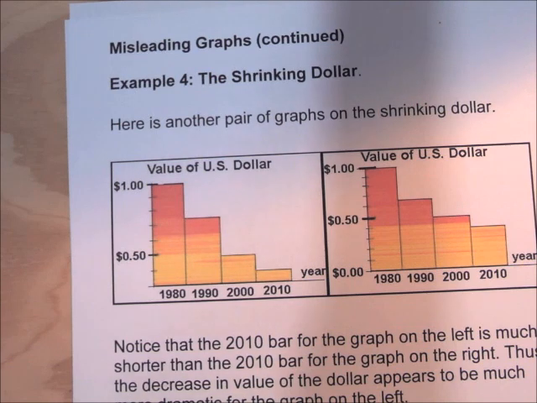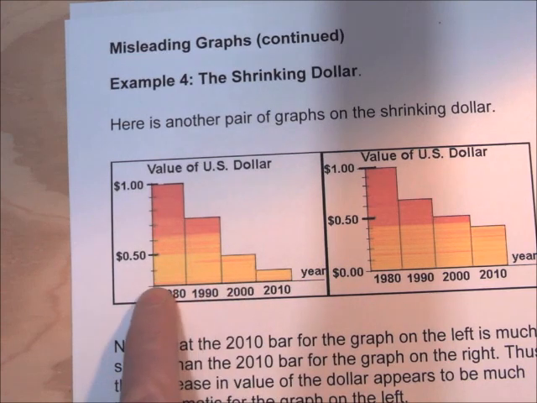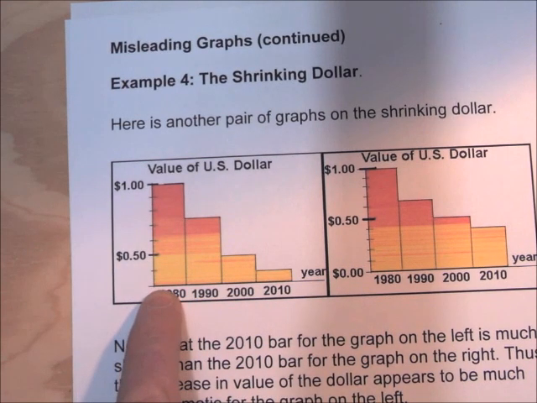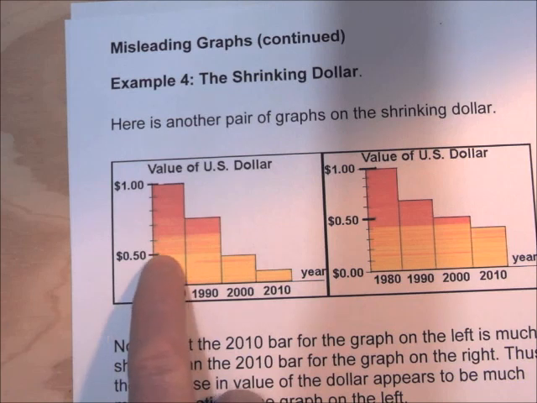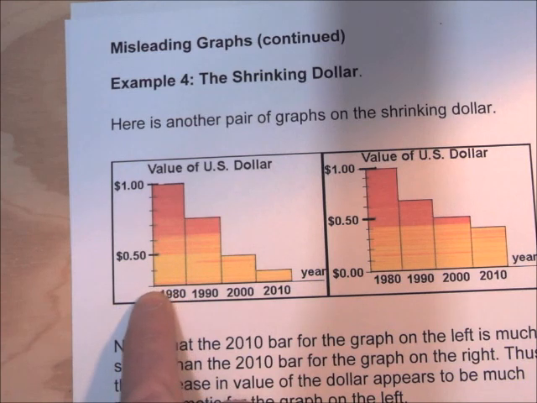And the answer is, again, in the scale. The scale here on the left doesn't go all the way down to 0. It looks like it goes down to about 30. It's not labeled here, but the tick marks look like they're every 10 cents, so it goes down to about 30.